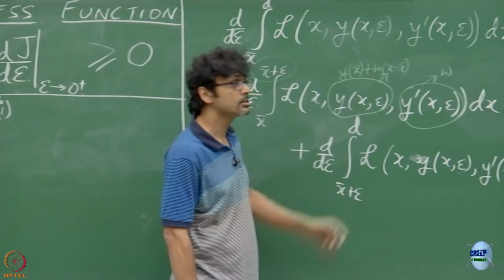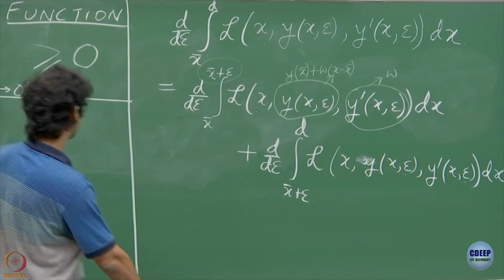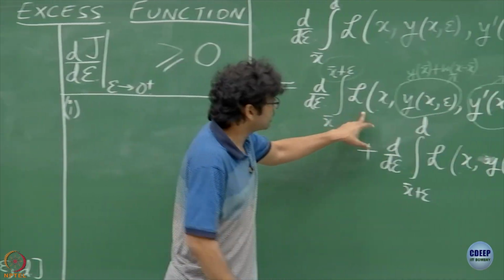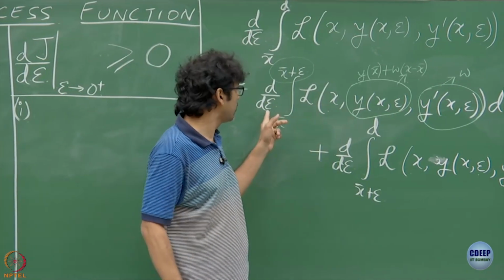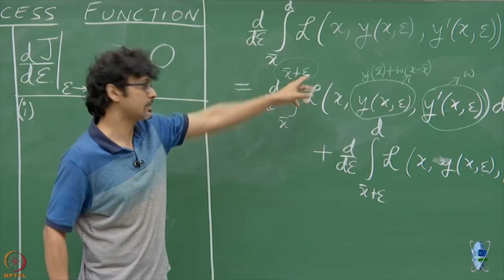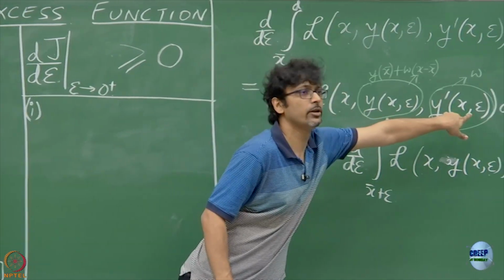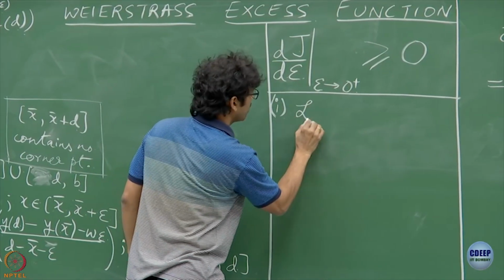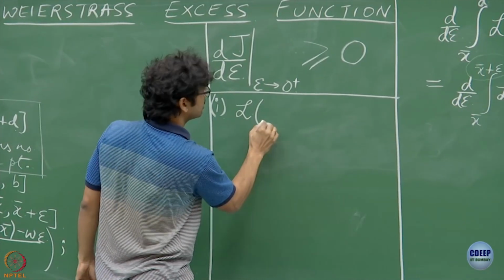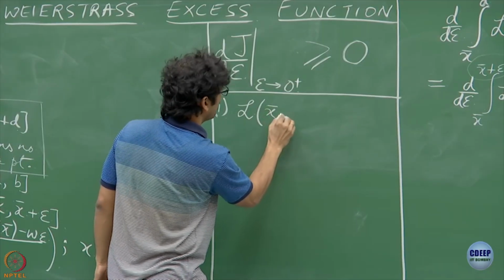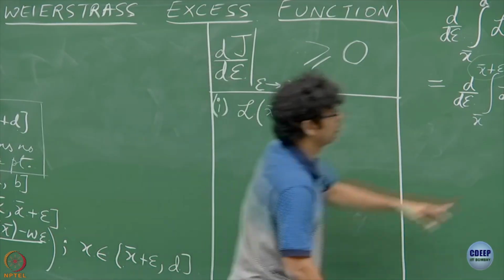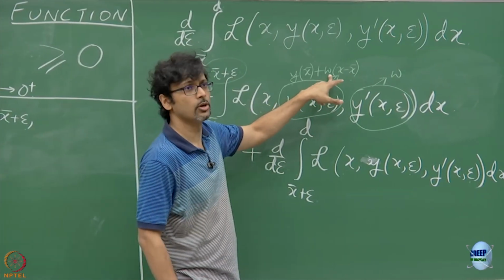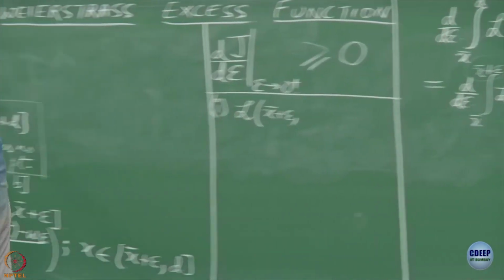So what happens? See, this term doesn't get differentiated, because none of the terms depend on epsilon. The only thing that gets differentiated is this. So you then push in this argument wherever you have x here. So this is the Lagrangian evaluated at x bar plus epsilon. How about this? If you plug in x bar plus epsilon here, this is y(x bar) plus w epsilon. Yeah, this.